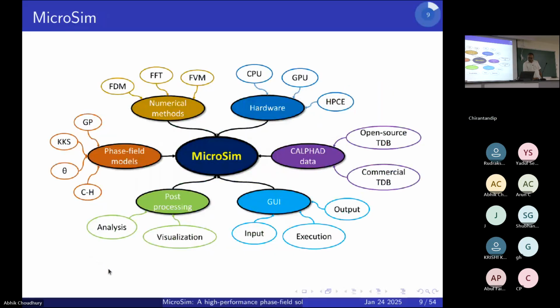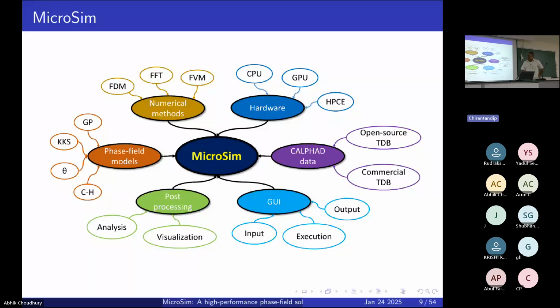Here in MicroSim, the various components, we already covered a little bit during the thermodynamic coupling. That part is the Pycalphad-based coupling that is already available in MicroSim. But here also you can see that the MicroSim suite of tools is covering almost all aspects of the basic simulation. It covers various models.